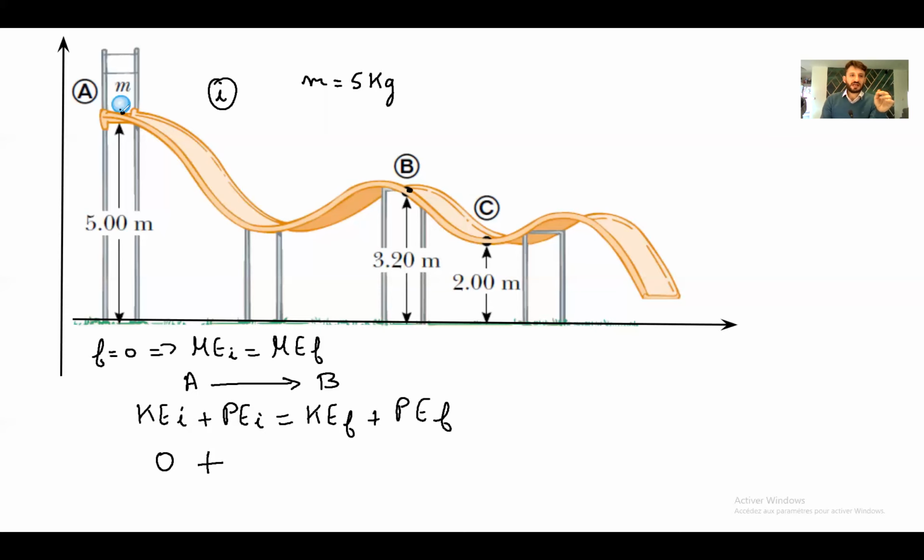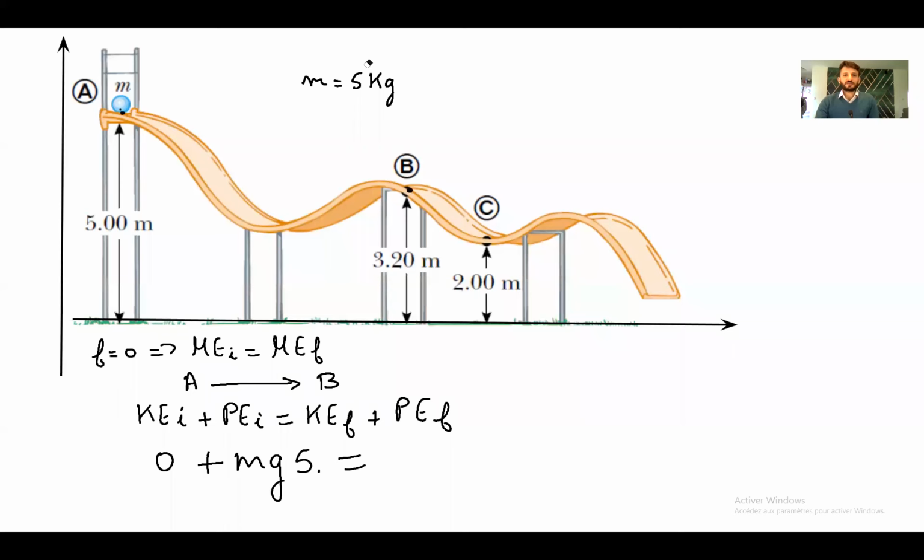Initially the object has a height equals 5 meters, so we have mgh with h equals 5. We don't have elastic potential energy. We don't have a spring.